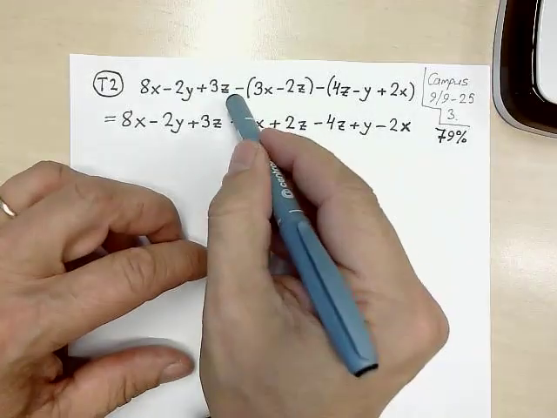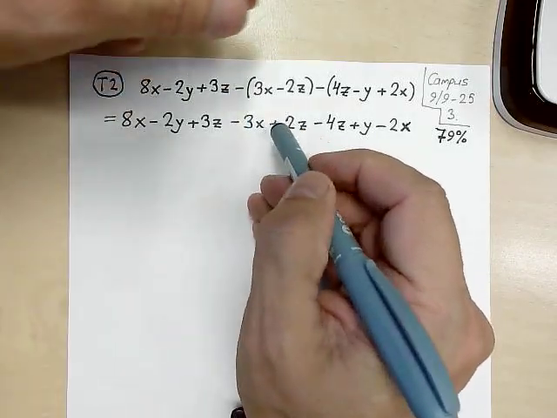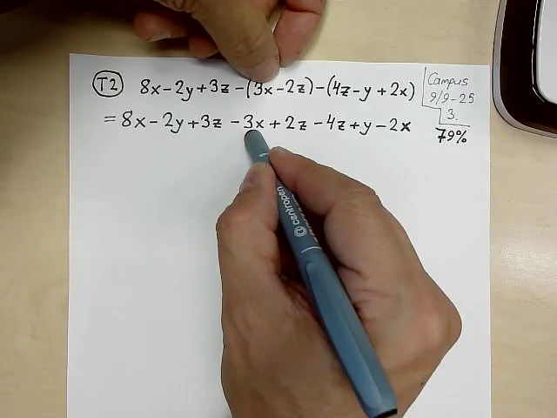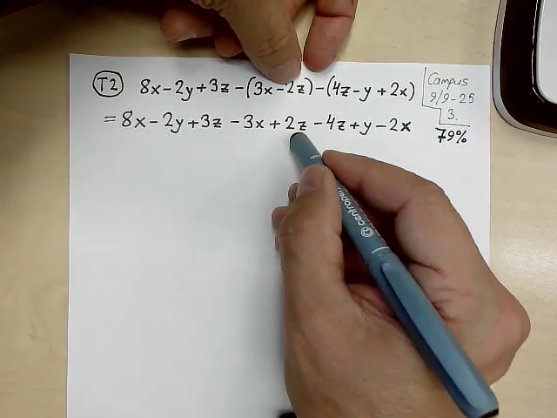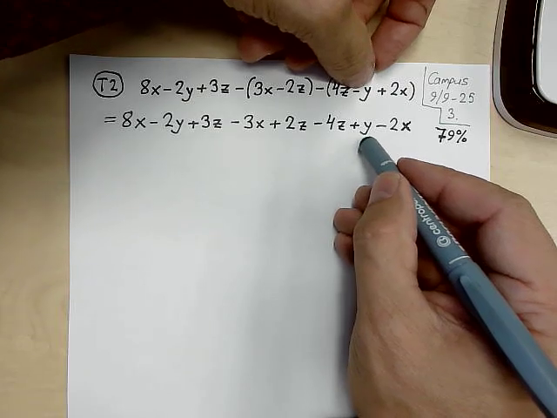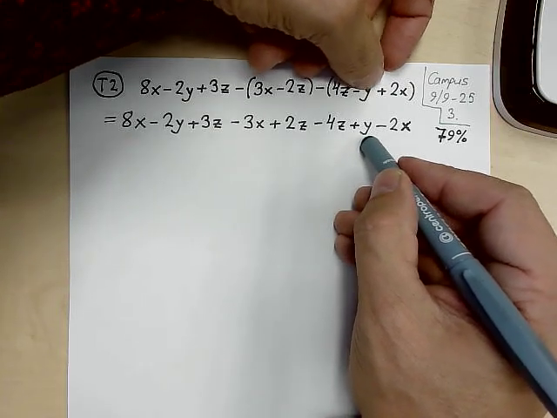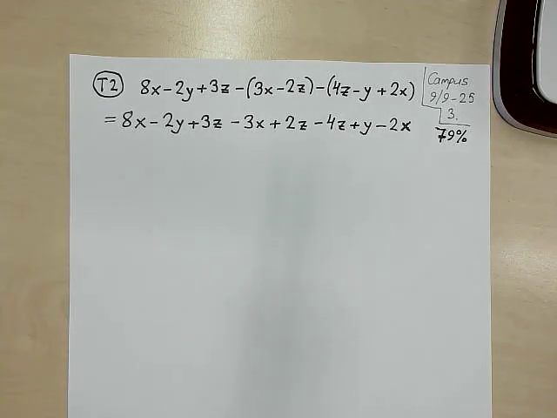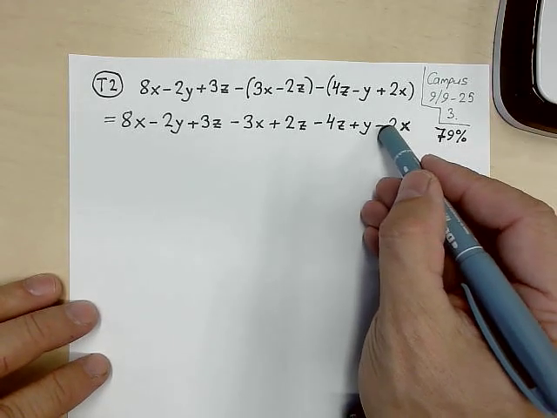You know that you have to change the signs, and you go through. You write here -3x plus 2z minus 4z plus y, but then you lose your concentration, and you may make an error here.